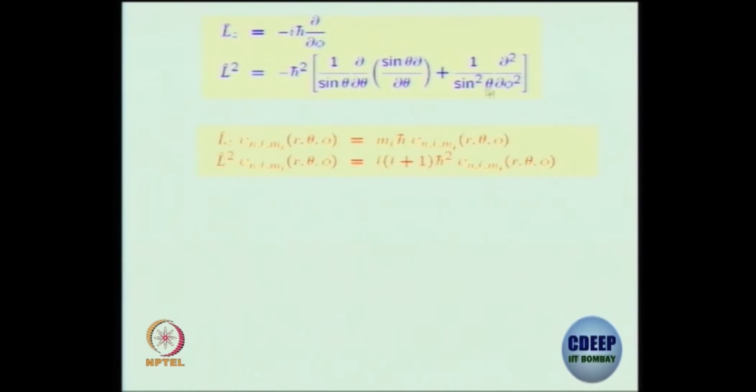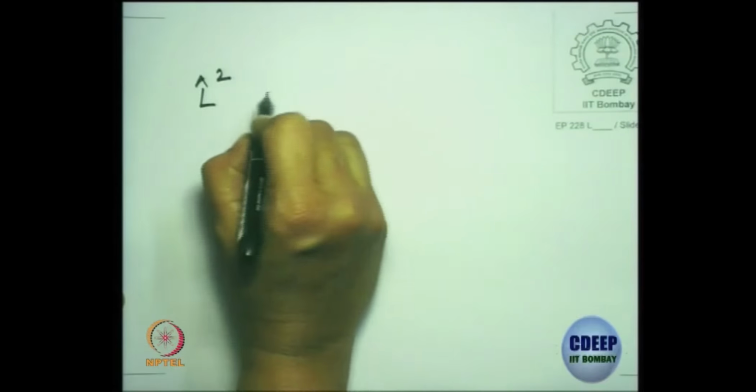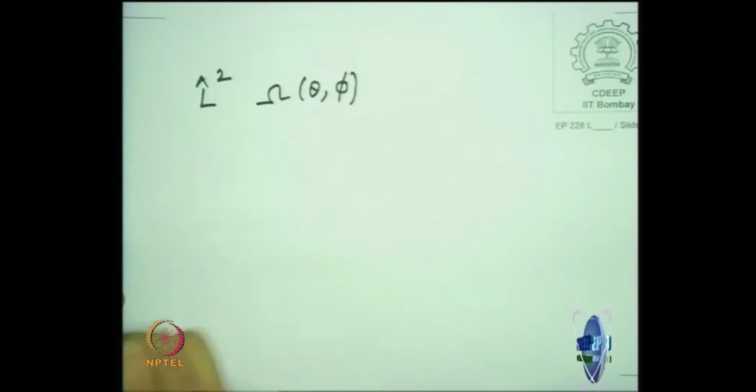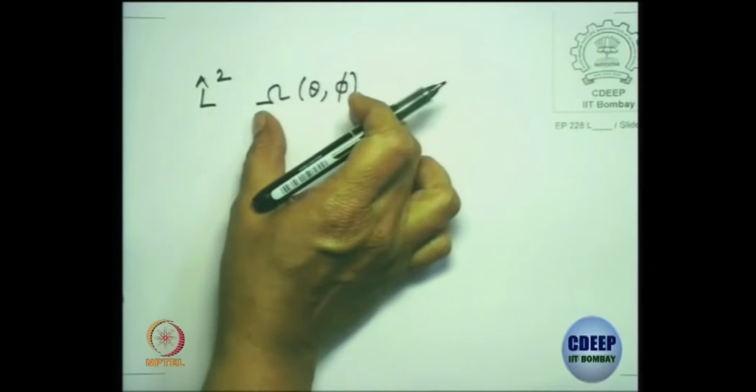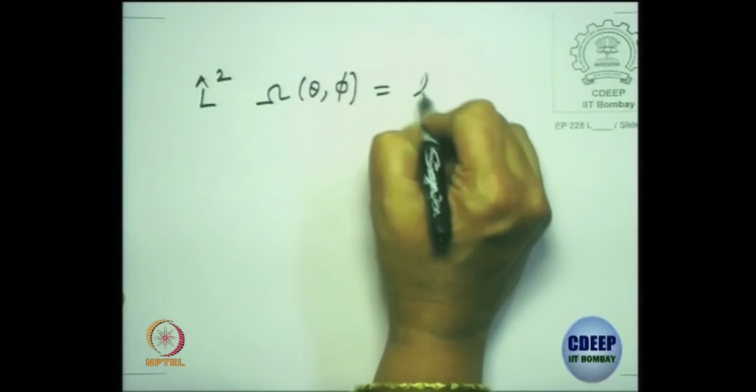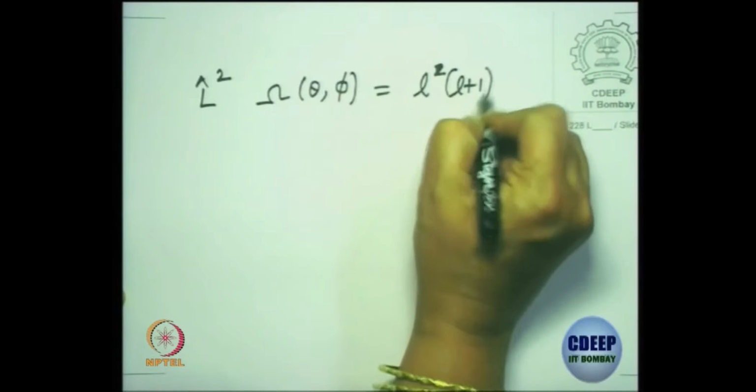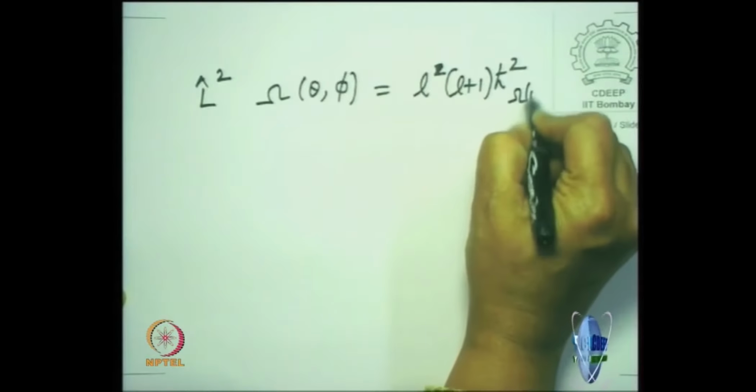Please go back and look at the theta phi part of the wave function, and you can see that you can pull out an eigenvalue which is not L squared but L into L plus 1 times h cross squared. So the L squared operator on omega of theta phi is exactly like the differential operator which was in front of omega of theta phi, and you can show that it gives L into L plus 1 times h cross squared on omega of theta phi.